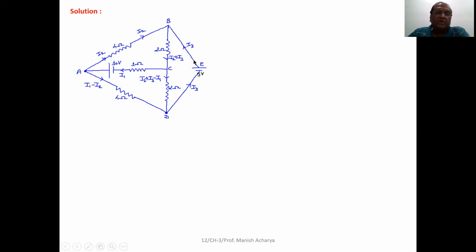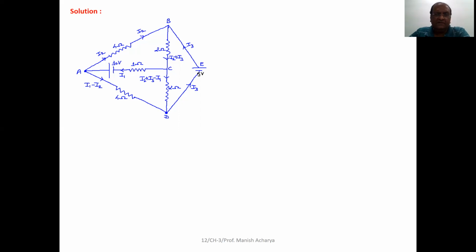Here the unknown currents are I1, I2 and I3. So easily you can understand that when you want to find 3 unknown currents, it implies that you have to prepare 3 equations. It implies that you have to consider here 3 loops.